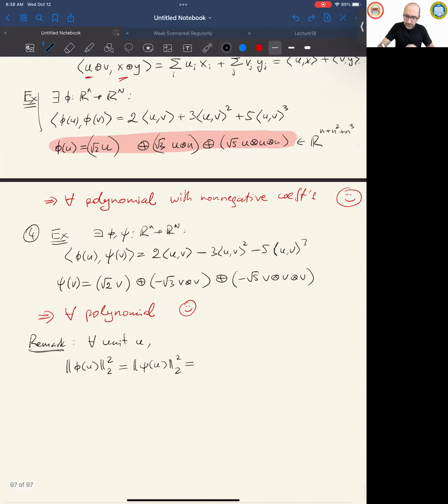Everything is 1, except it's, of course, multiplied by these weights. So we'll get root 2 squared plus root 3 squared plus root 5 squared: 2 plus 3 plus 5, which is 10.